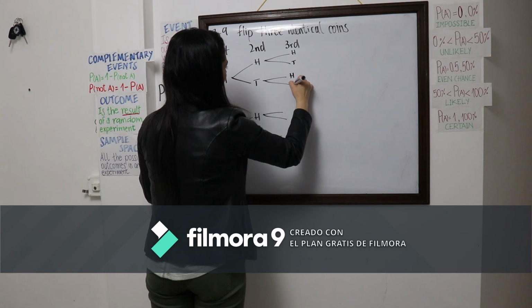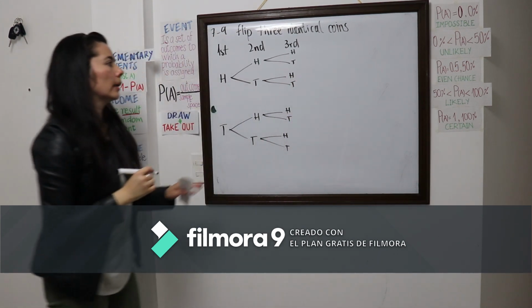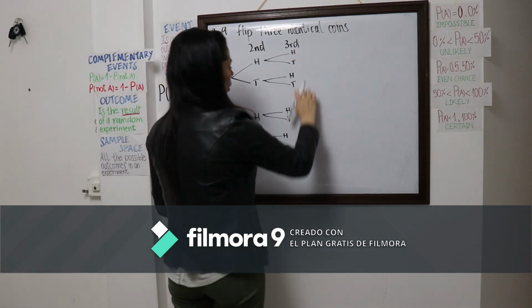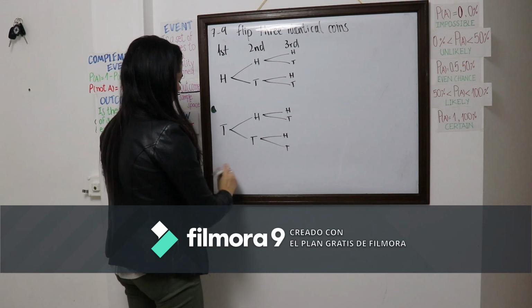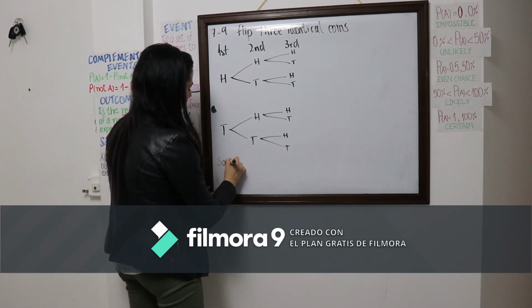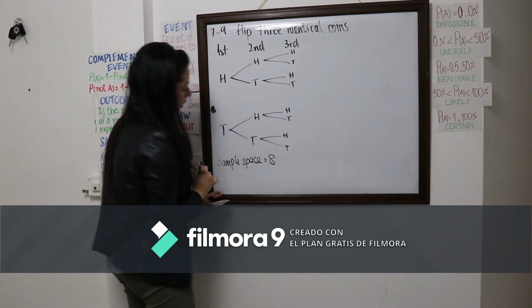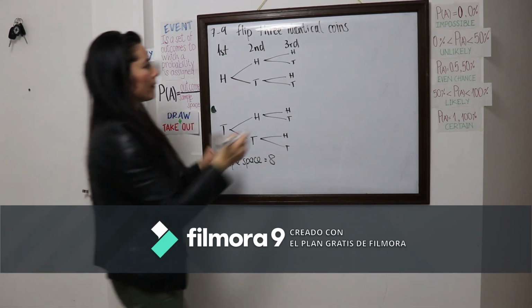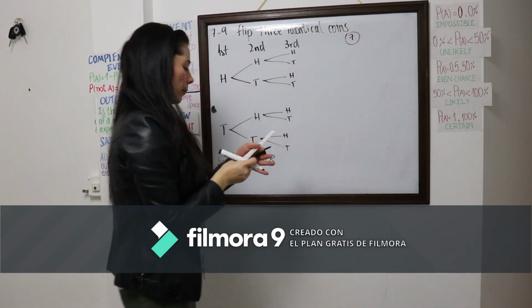So I'm getting heads and tails all along, right? That actually gets me a total of 8. I have 8 in the sample space. So I know the sample space here is equal to 8.